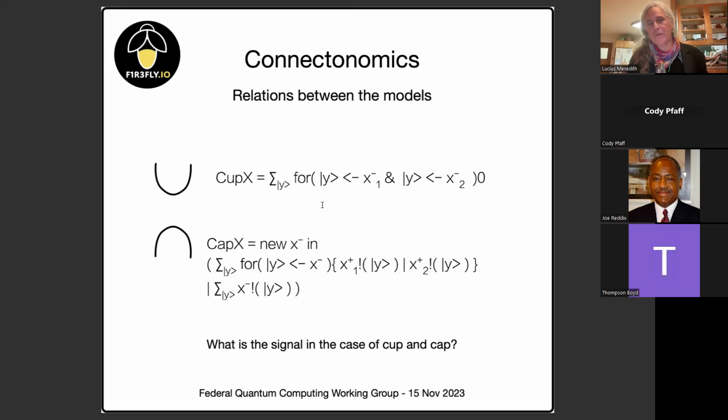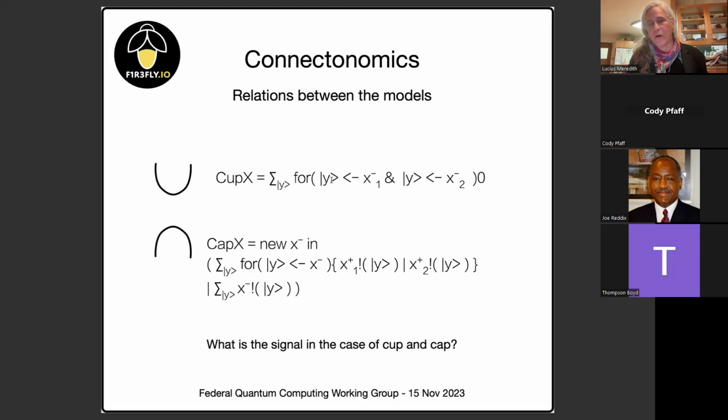So here, what we do is we do a sum. I didn't use summation or plus in the original presentation, but there's a way to think about this as a non-deterministic sum. There's a bunch of copies of this process, one for each y state or y vector.